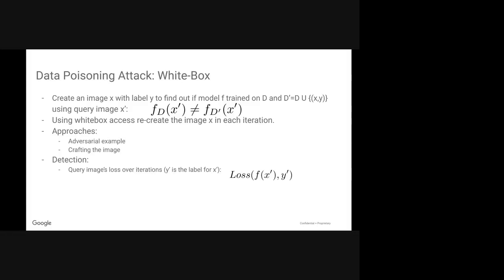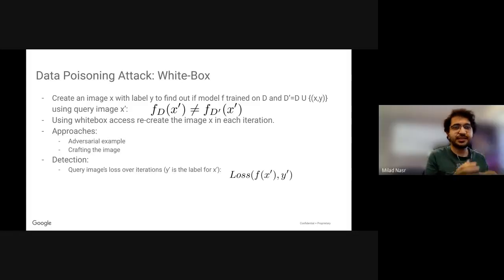So instead of looking at one loss, we can look at all of the losses in the iterations. It also allows us to change the malicious input in each step. One way of doing that is to repeat the adversary example creation in each iteration, which was very costly for us. So we came up with a different mechanism.